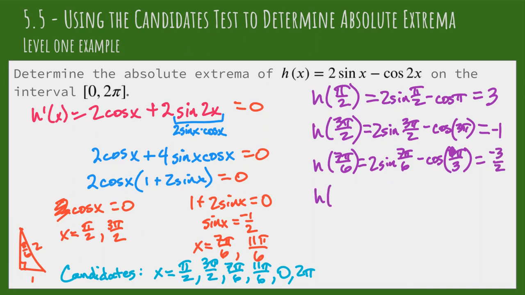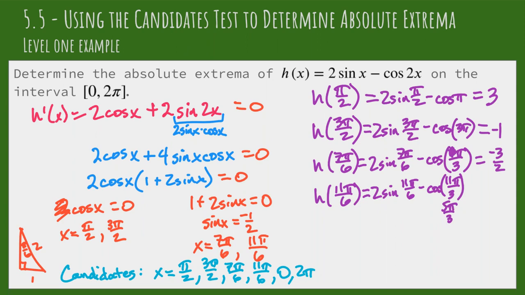All right, then we have h of 11 pi over 6. So we have 2 sine of 11 pi over 6 minus cosine of 11 pi over 3. This is the same reference angle as 5 pi over 3, which is in the second quadrant. And cosine is negative in the second quadrant.